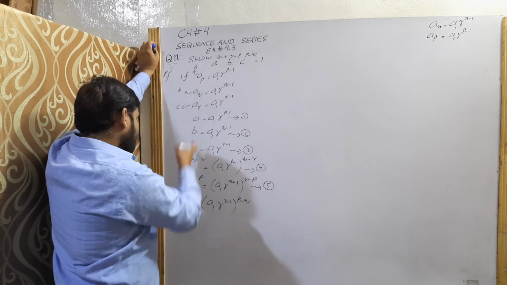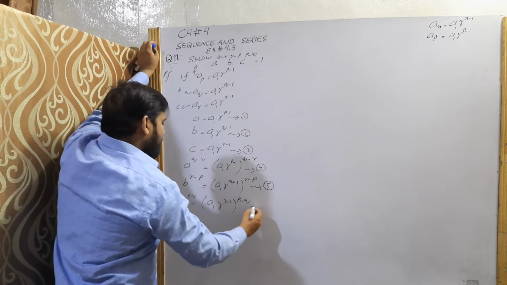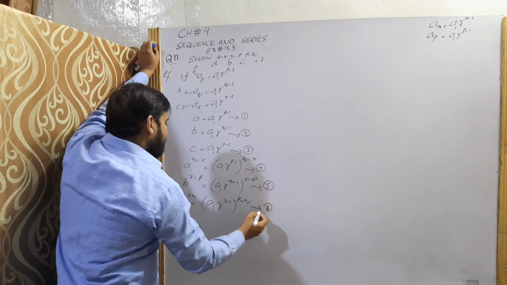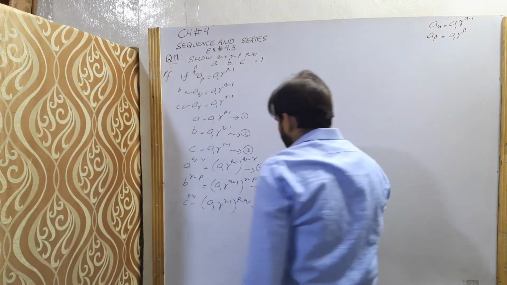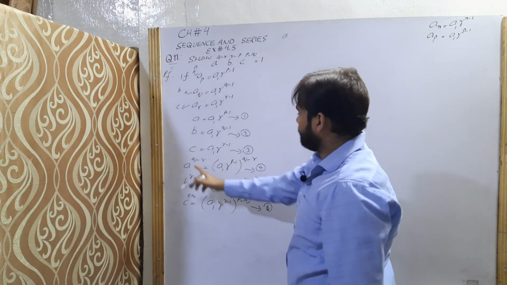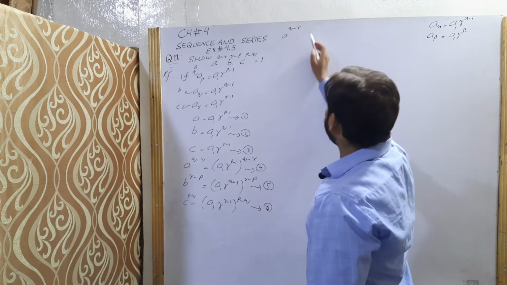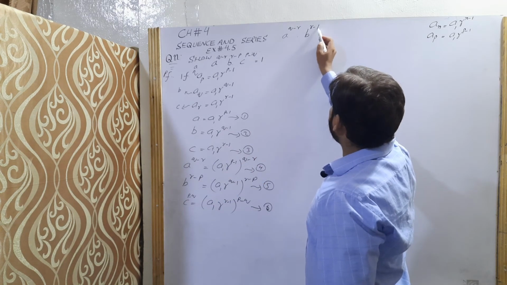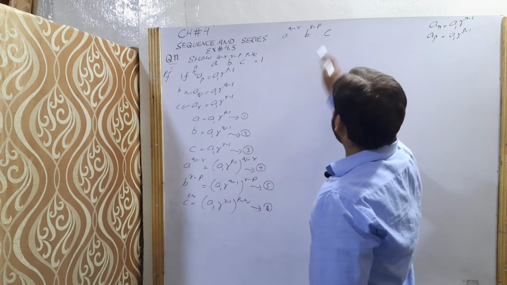So left hand side multiply with left hand side of all these equations, and right hand side we multiply with the right hand values. So by using equations 4, 5, 6 we can write a to the q minus r into b to the r minus p into c to the p minus q.